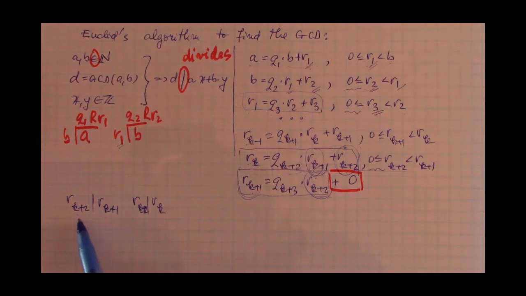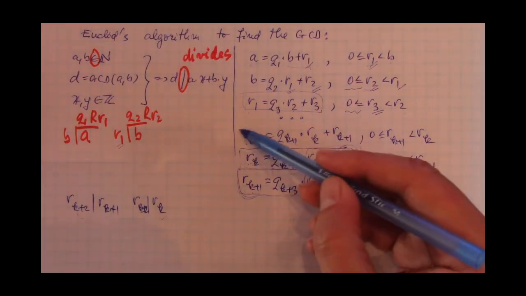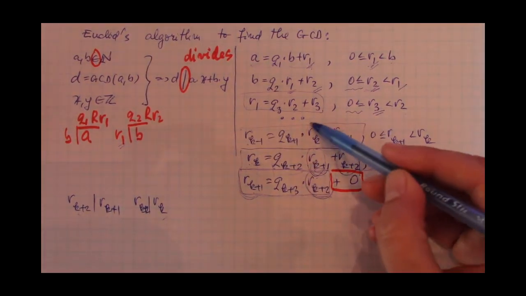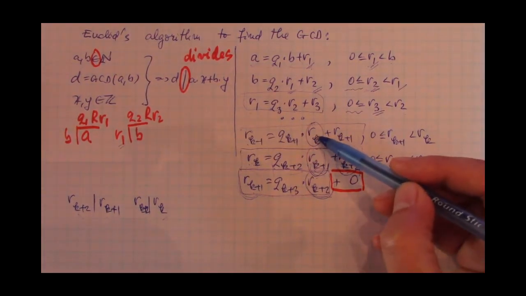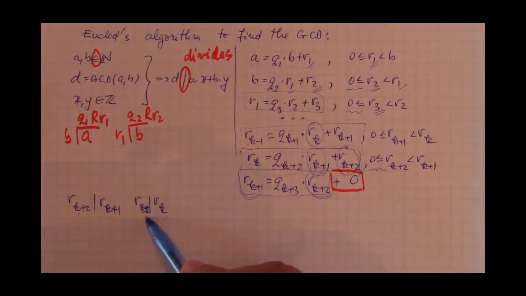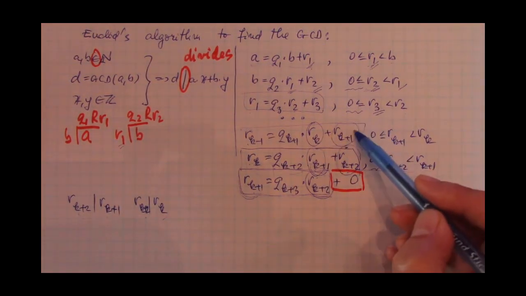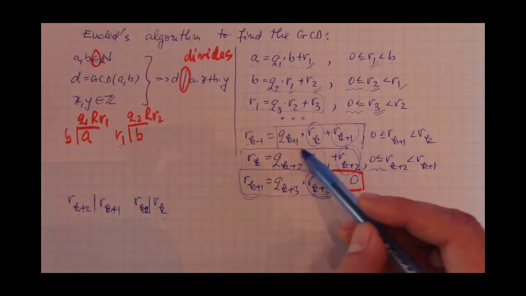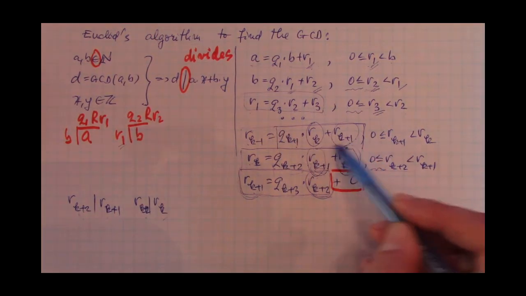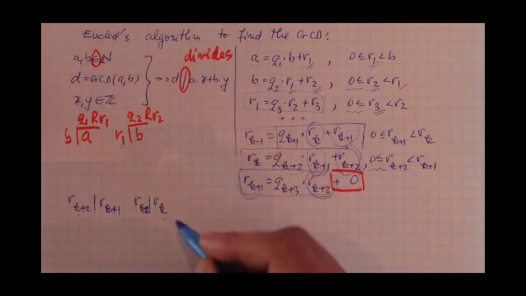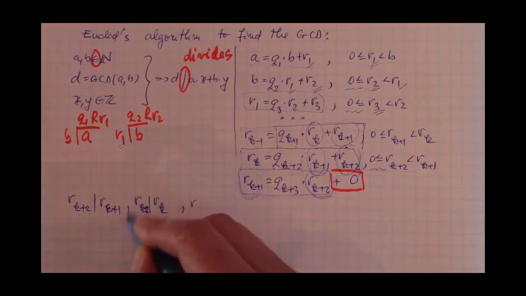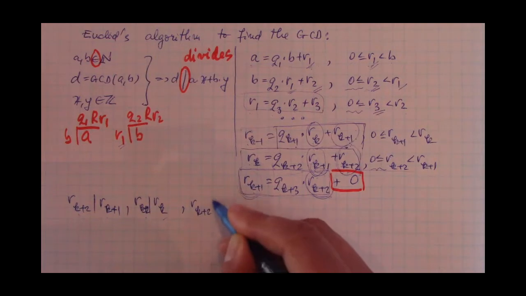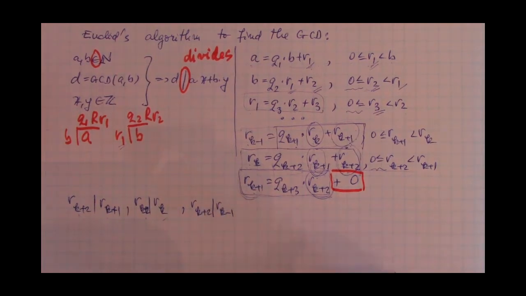So far we proved that r_{k+2} divides both r_{k+1} and r_k. So when we look at this division here, r_k has a divisor that's r_{k+2}, and r_{k+1} has a divisor of r_{k+2}. So over to the right hand side we can factor an r_{k+2}, which means that r_{k+2} divides r_{k-1}.